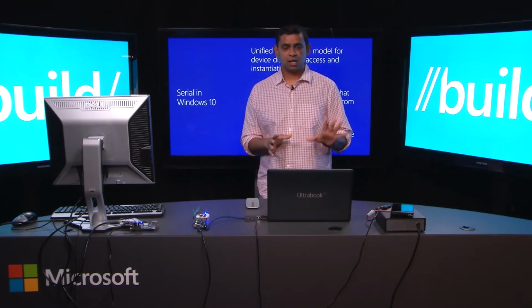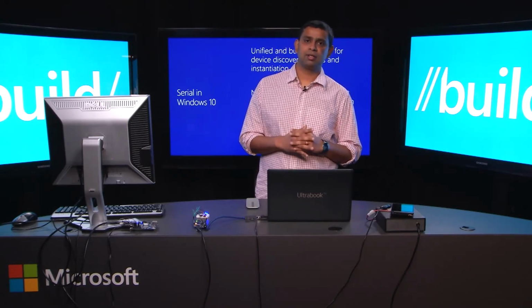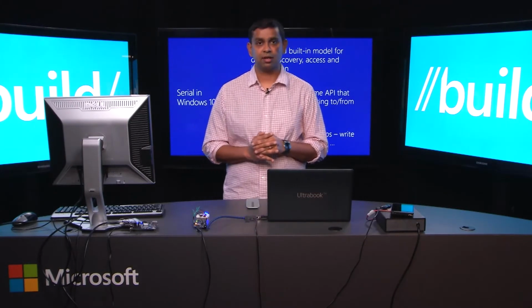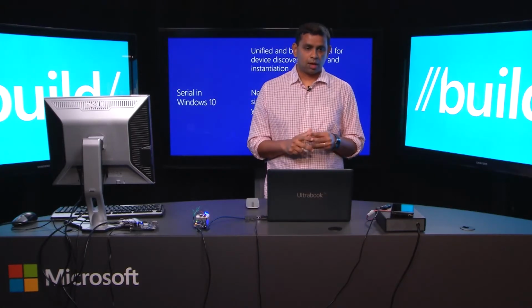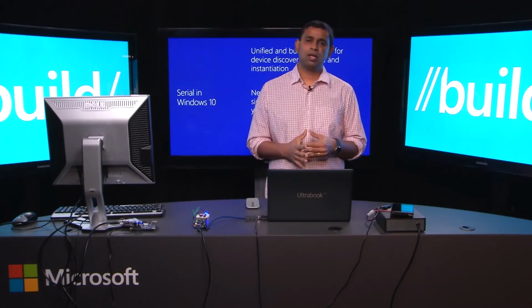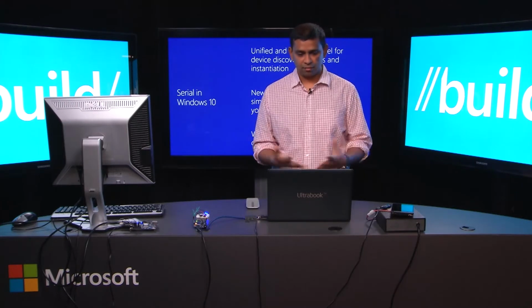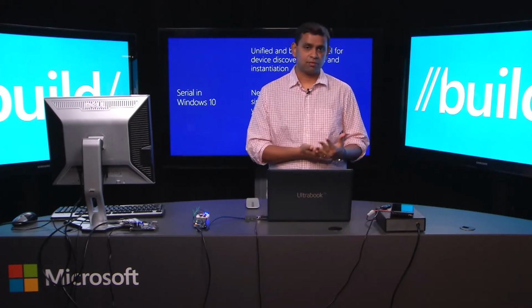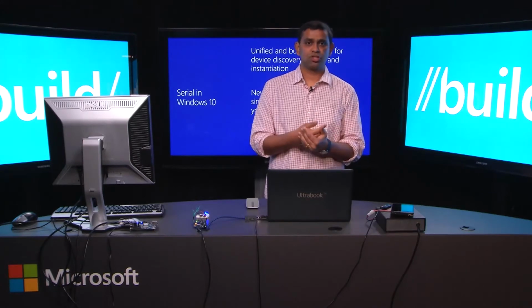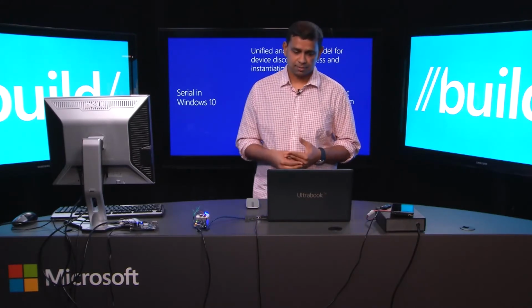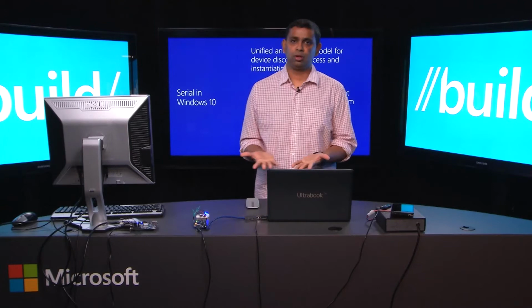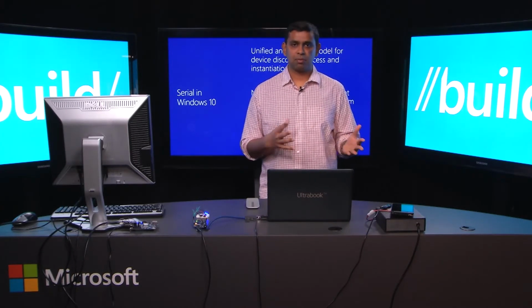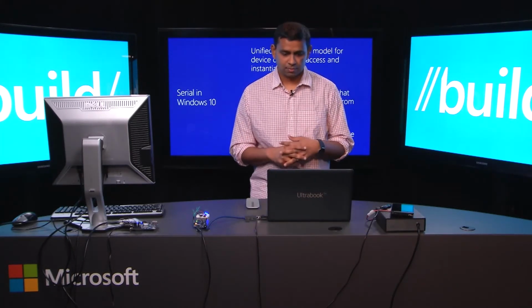So this slide summarizes the new experiences with serial communication that are there in Windows 10. As with all other protocol APIs, there is a built-in device discovery model, which allows you to discover, access, and instantiate your serial devices. There's, of course, the new Windows Runtime API, which simplifies communication with your device.